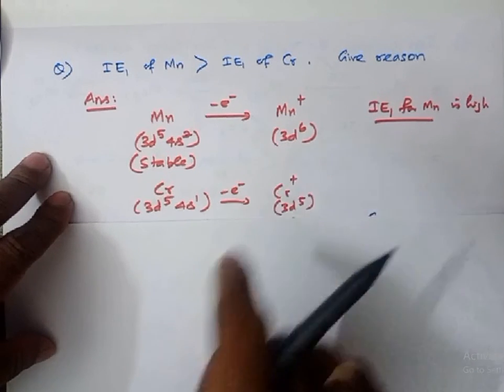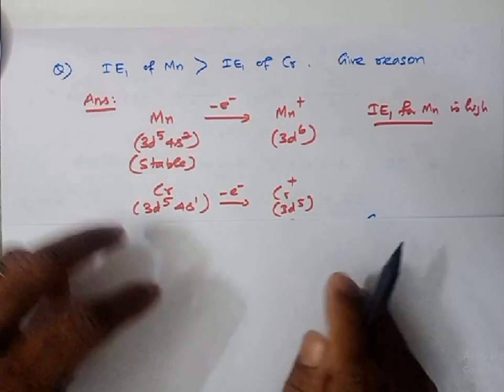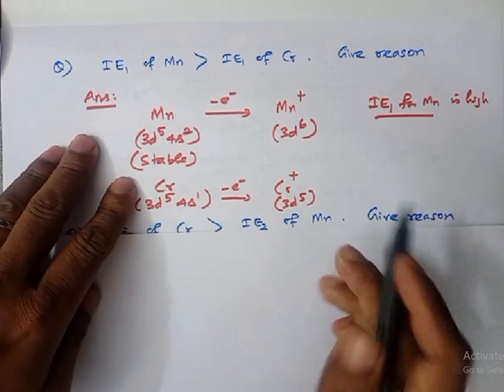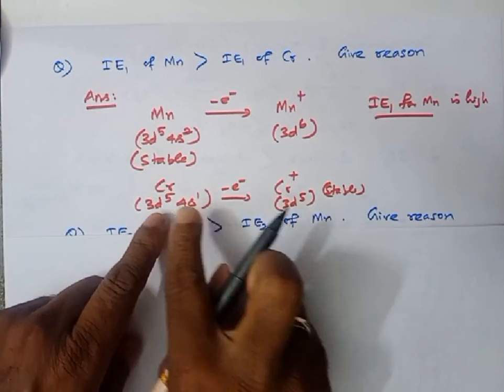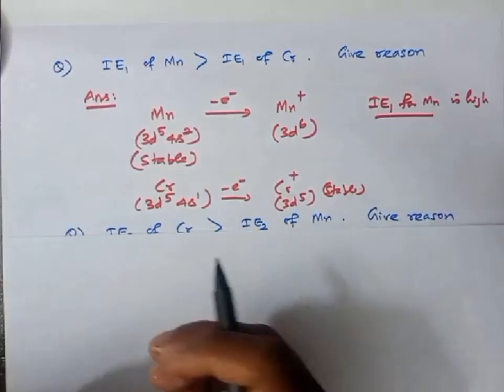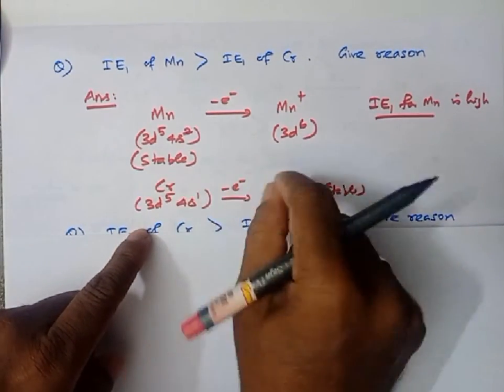Which is more stable among the two? Cr plus. Yes, Cr plus is more stable. Listen, if I remove one electron from chromium, I am getting a more stable ion. Therefore, removal of an electron from chromium is not that difficult, because Cr plus is also stable, so you can remove it easily.